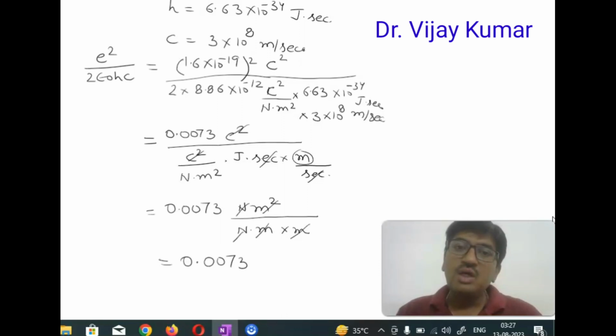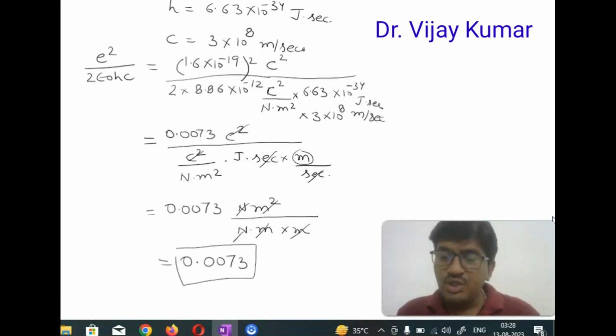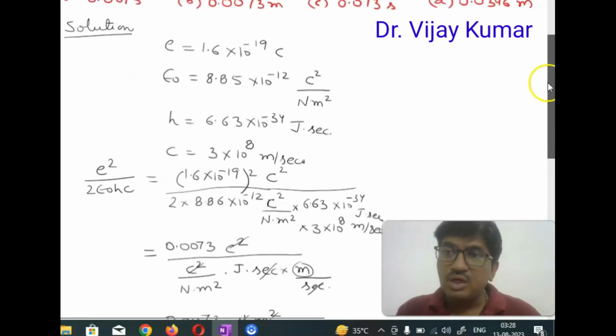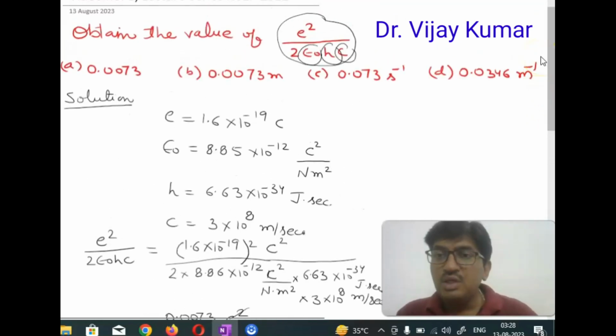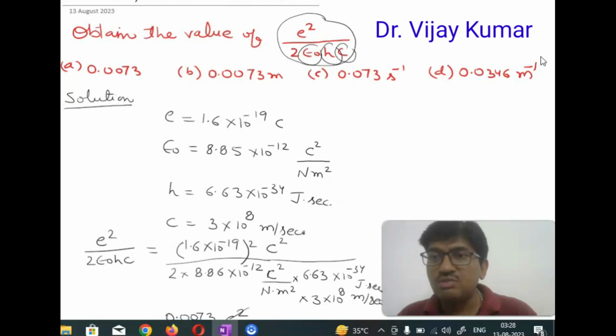There is no unit of e square upon 2 epsilon naught hc, and the numerical value of this term is 0.0073. So we can see the options. The options are: A, 0.0073 no unit; 0.0073 meter; 0.073 second inverse; 0.0346 meter inverse.